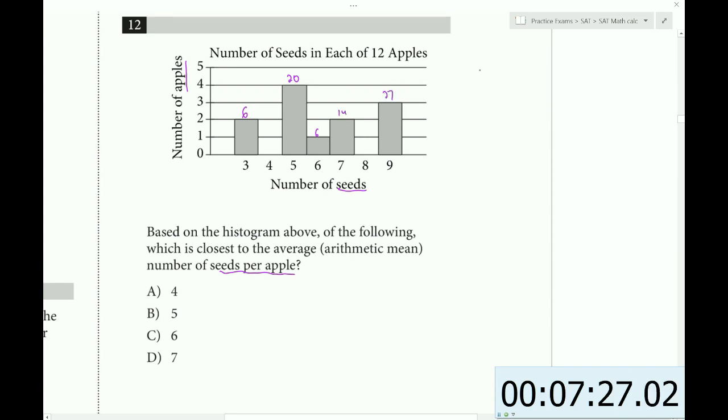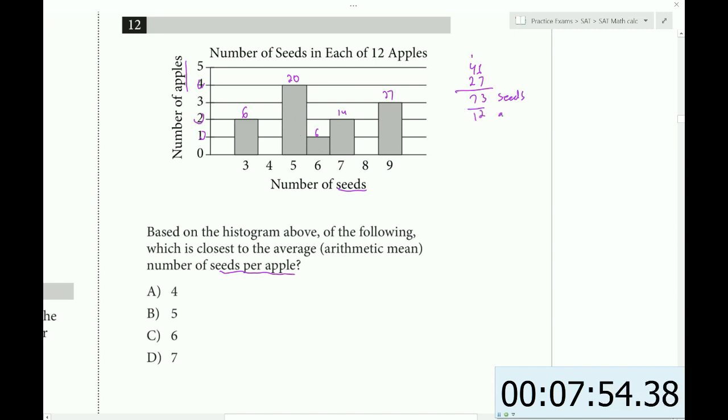So if we add those up, let's see, well, we have here 20, 46, 46 and 27 is 73. That's how many seeds we have. Now to count up how many apples we have, well, we have 2, then we have 4, that's 6, then we have 1, that's 7, then we have 2, that's 9, then we have 3, that's 12.